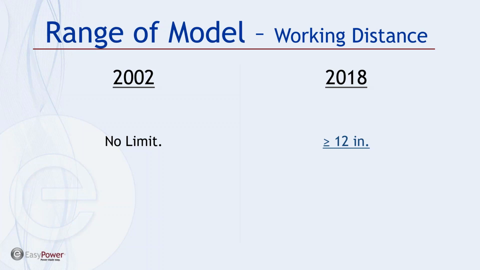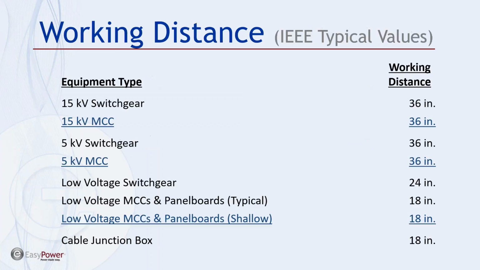In 2018, the committee has decided to only define working distance at greater than or equal to 12 inches, based on the assumption that if you're inside of that distance during an arcing flash, you're within the plasma ball, in which case everything would vaporize. So it didn't make any sense, in their opinion, to define that as a working distance. And more on that later.